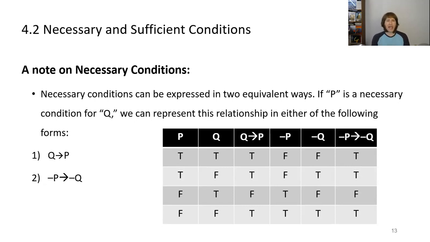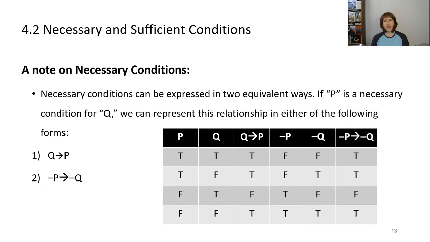Now, we also have if not P, then not Q. This is the second example, the second formulation. I've added on 3 other columns. There's a column for not P, a column for not Q, and a column for if not P, then not Q. The values of not P and not Q are determined by just reversing the values of P and Q. So whenever P is true in a row, not P is false.